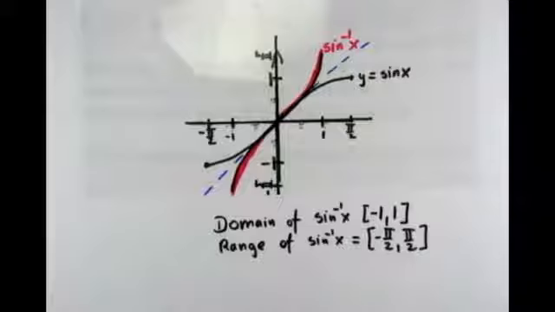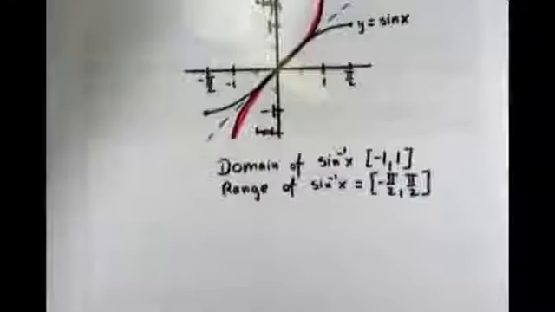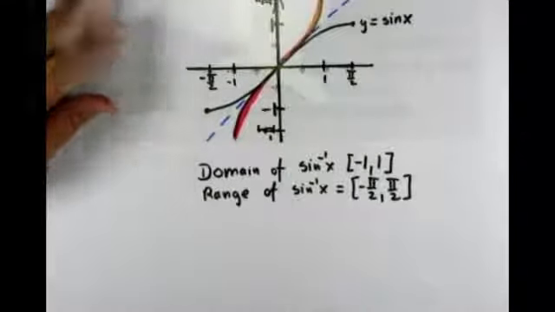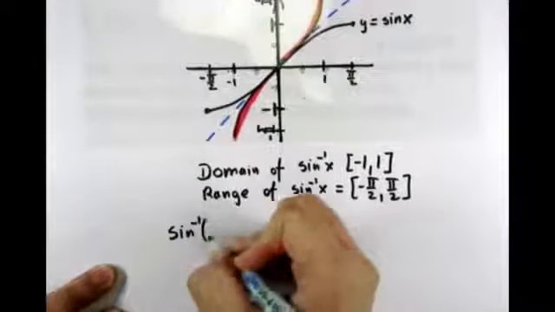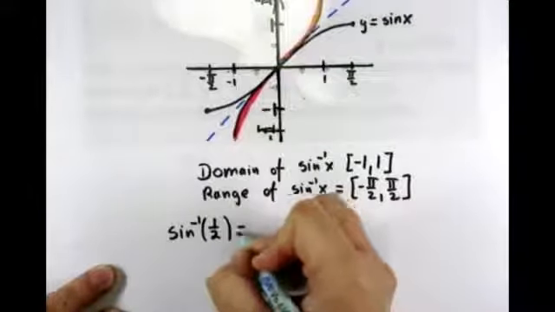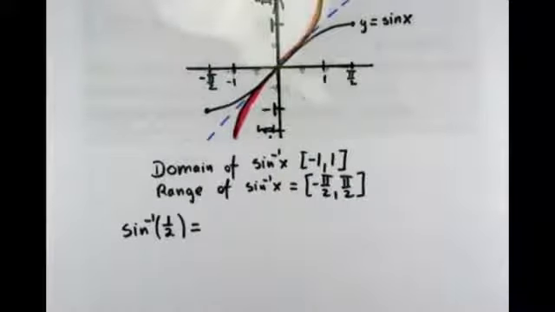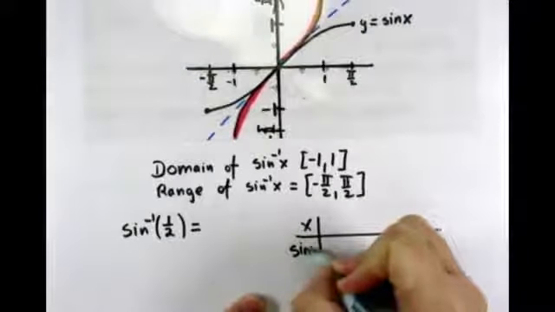So now we get the values, we switch the x with y's. So now we get the values of sine and sine inverse. Okay, now we get the values sine inverse of 1/2. Now we are using the chart. Let's make the chart. X, sine x.